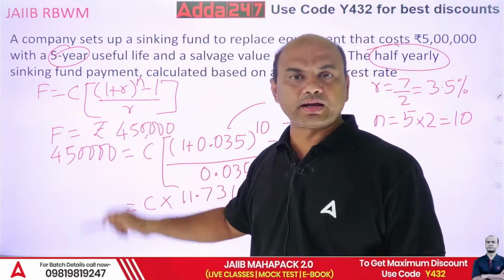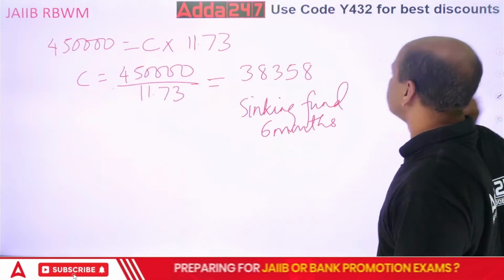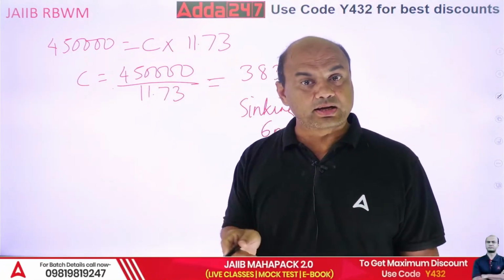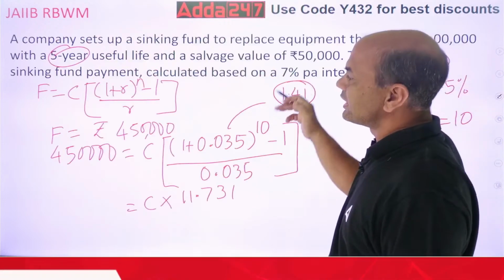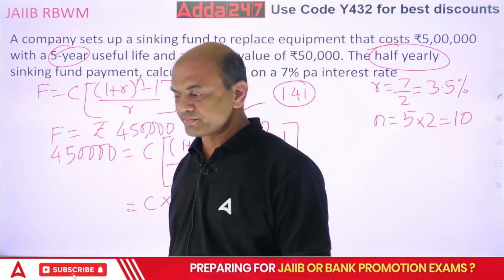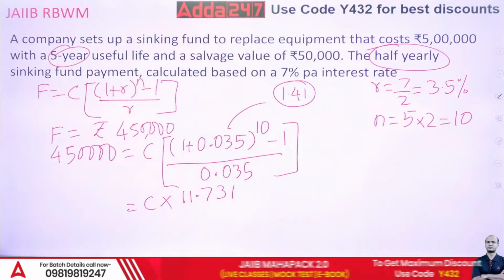This is required at the end. So if you keep 38,358 per 6 months separately at the rate of 7% per annum, then you will get this amount, 4,50,000. Got it, everyone? Clear?